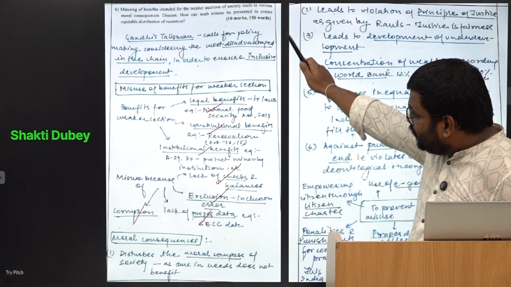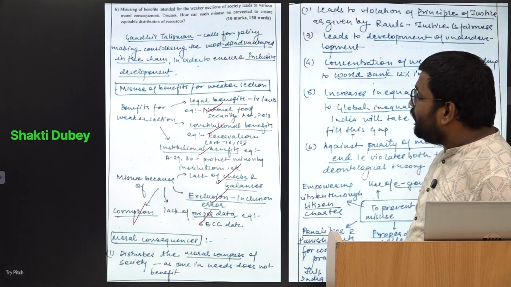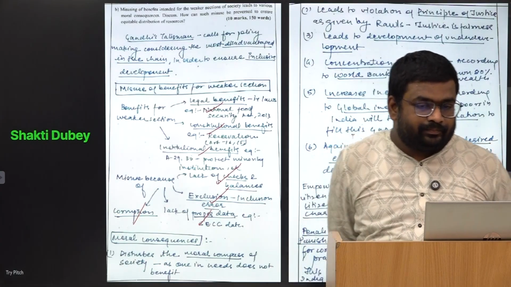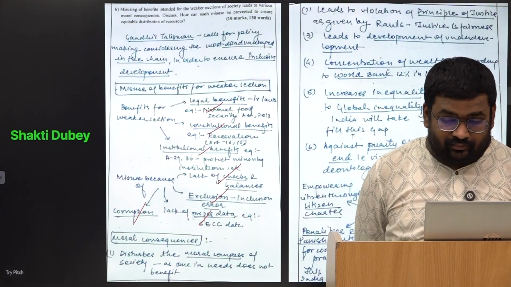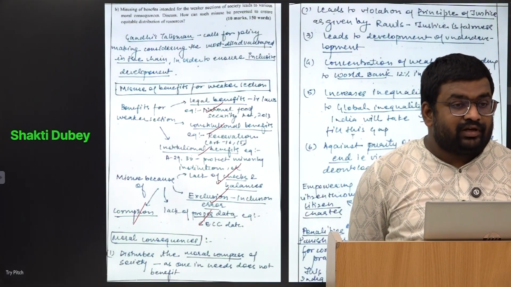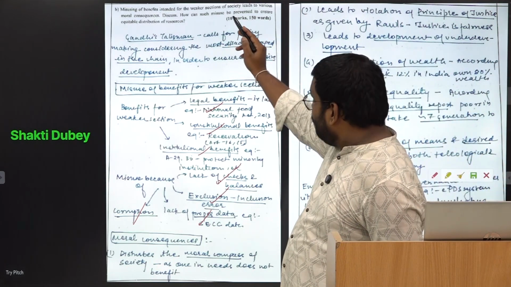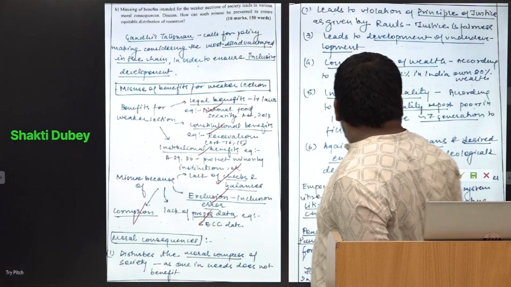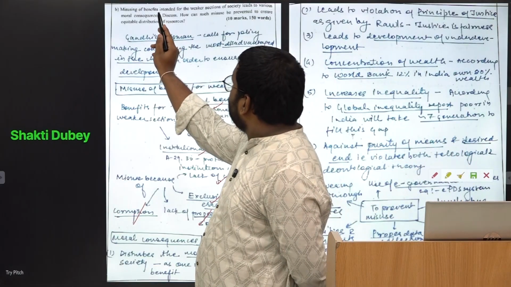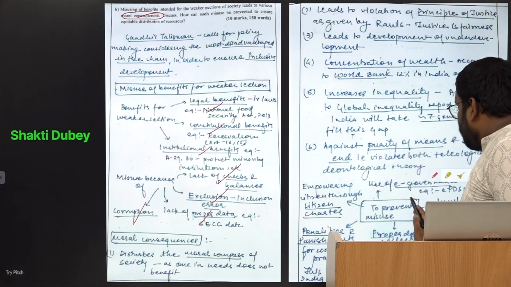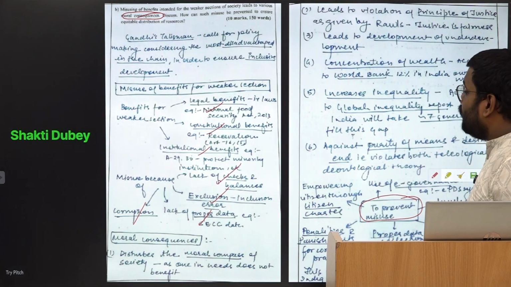So if you see, in half or three-quarters of the page itself, she was able to cover 7 points or 7 dimensions. And then she came to the core aspect of it, that is the moral consequences. And then the way forward, again using a diagrammatic representation.